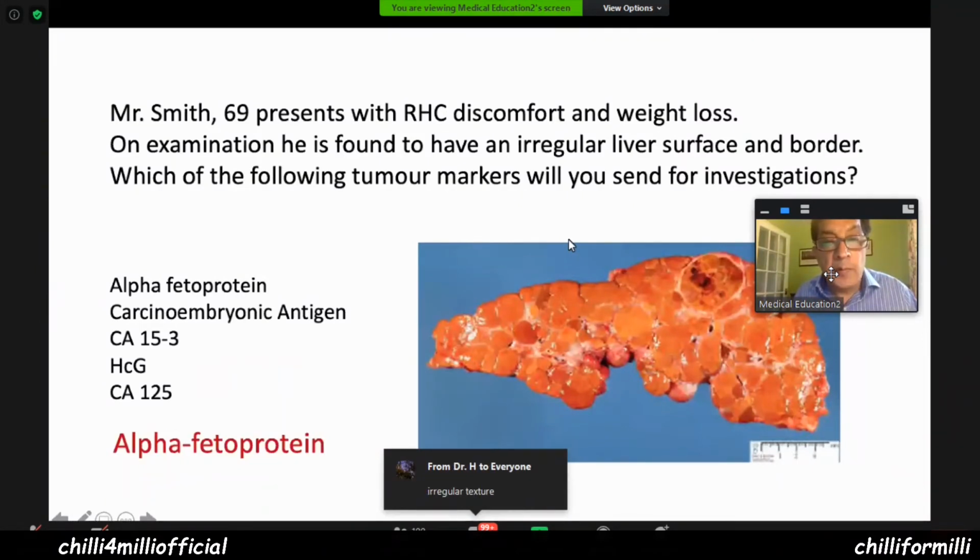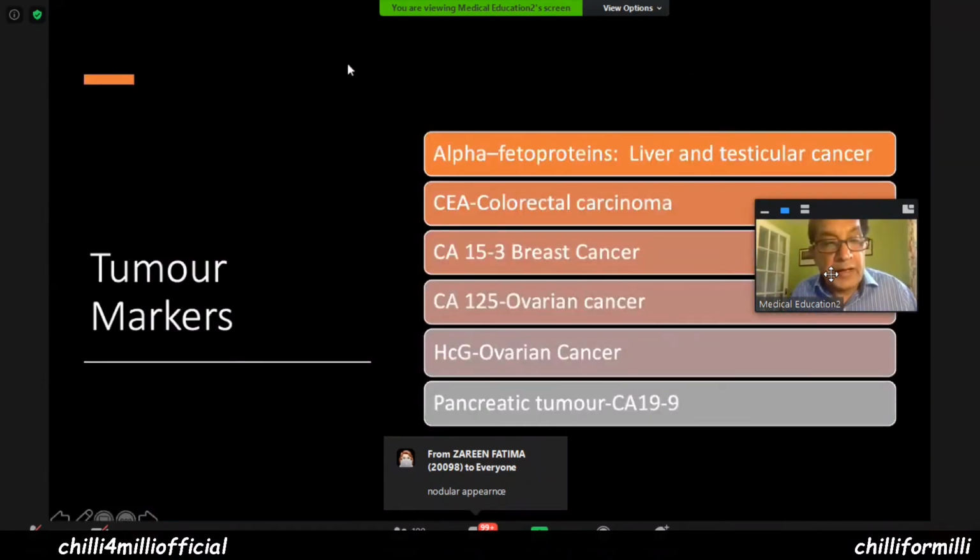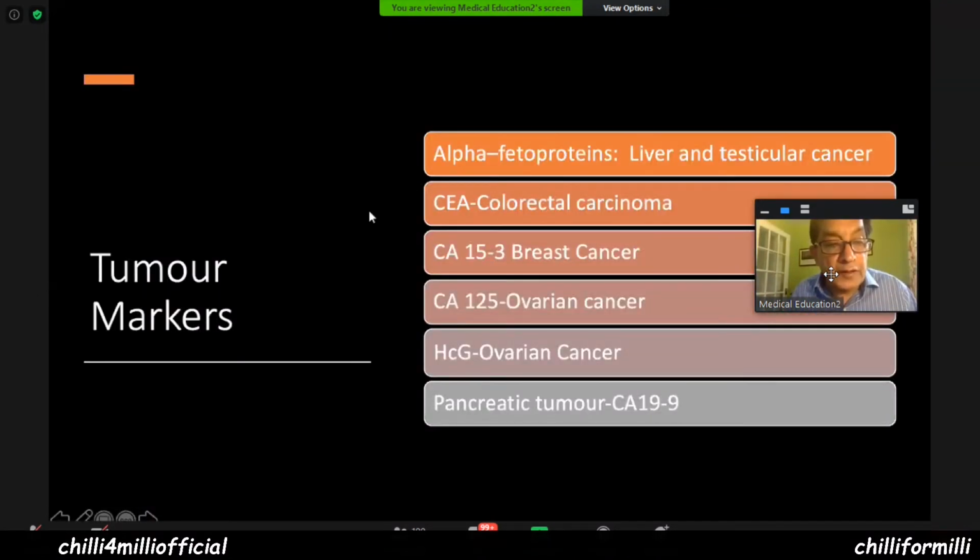Okay, how many tumor markers are you familiar with? Right, okay. These are your common tumor markers. If any disagreements, very happy to take your objection.